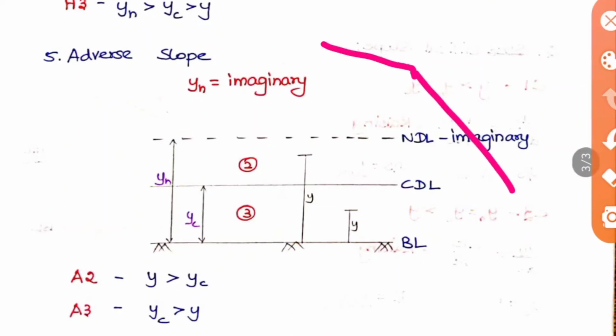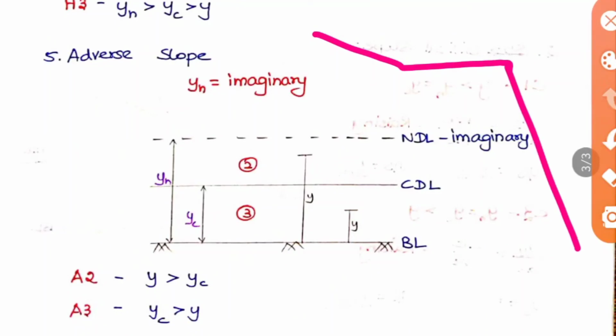So like this, a profile may be combined, and like this also it may be combined: mild slope, then a horizontal slope, mild slope, horizontal slope, and then a steep slope. Okay, so why are these combinations given? When you fix a mild slope and then provide a horizontal slope, automatically the water level will be increasing there. So when you want to raise the water profile, you can use this method of combination of slopes.